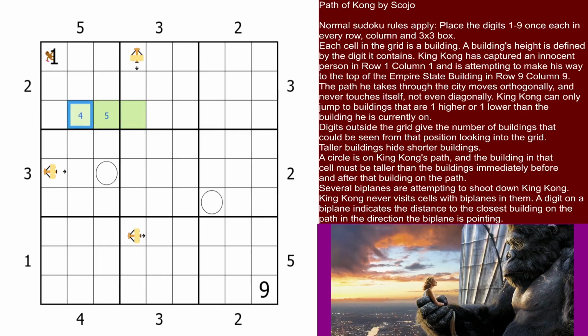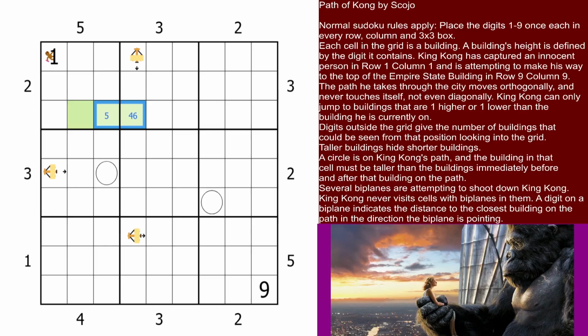So this must be either 4 or 6, and then now it is going here, so this must be either 4 or 6 again. If King Kong is here and now going here, this must be either 4 or 6 because this is 5. It must be either one higher or one lower. So that is the path King Kong takes.